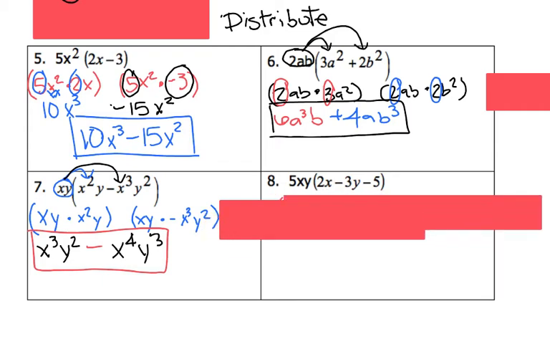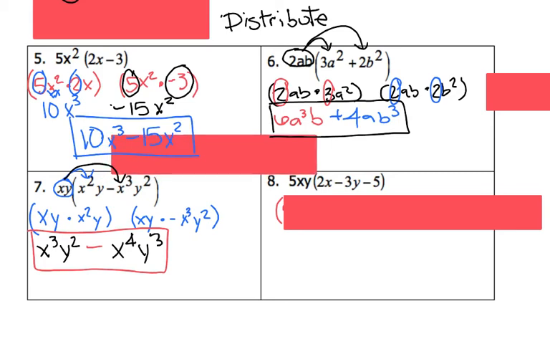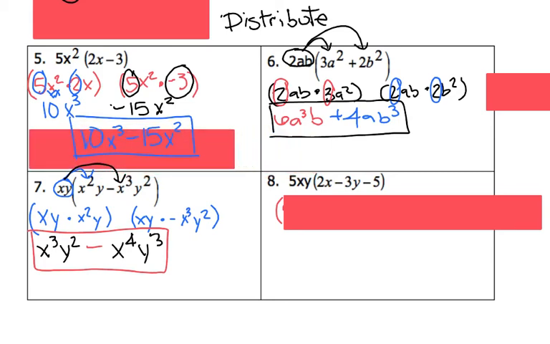All right, and finally, problem number 8. Again, just as before, it's distribution because we have something on the outside of the parentheses. So I'm going to circle it, and it's 5xy, and I'm multiplying it to 1, 2, 3 different items on the inside of the parentheses.